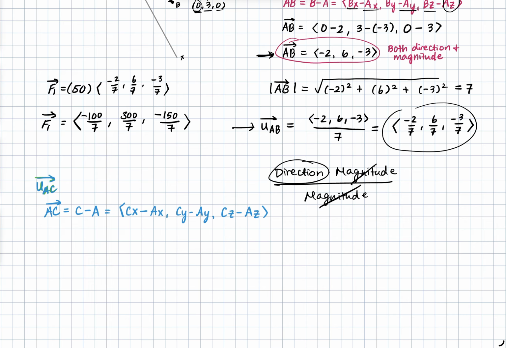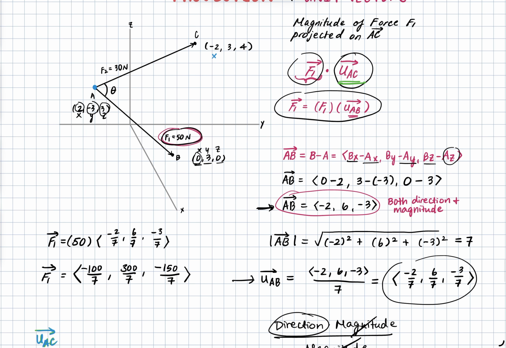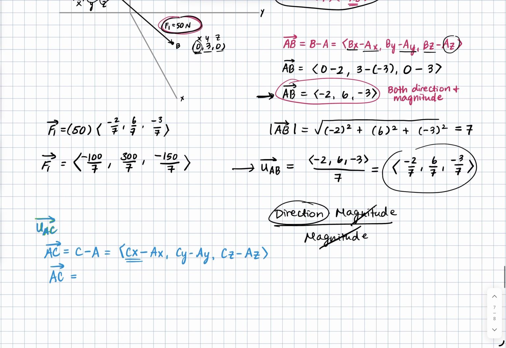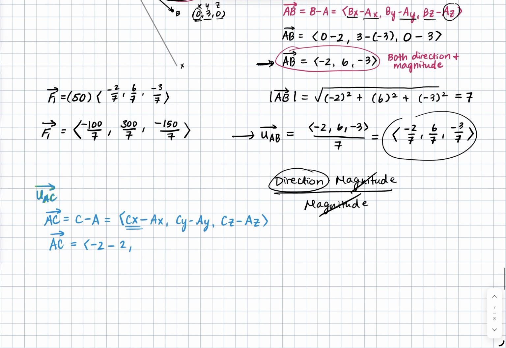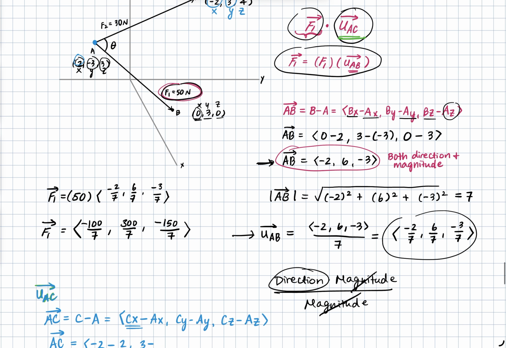Okay, and then going to our diagram to look at what each of these values are, so XYZ, CX is -2. -2 minus my AX, which is 2. CY is 3. So 3 minus my AY value is -3.